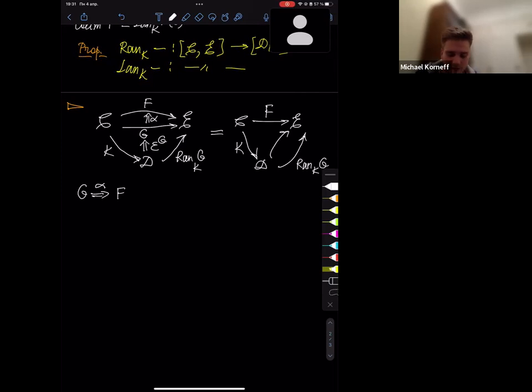We have obtained a factorization like this, and this is the right Kan extension of F along K, and we have a natural transformation alpha prime.